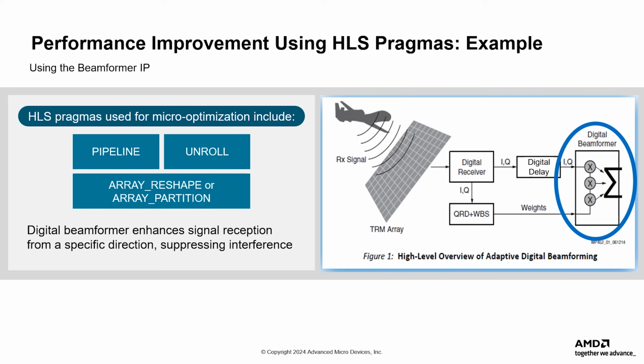We'll go into the analysis tools and techniques for optimization, focusing on the compute engine portion of the Beamformer algorithm to simplify the example. The fundamental HLS pragmas used for micro-optimization include the pipeline, unroll, and array reshape or array partition pragmas.